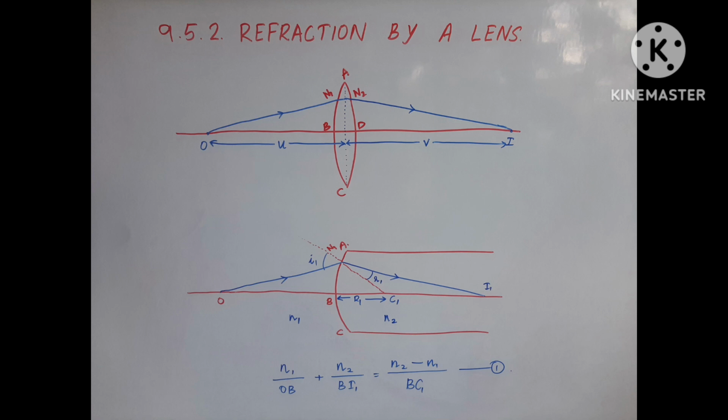So first we can think that the object is at O, and a ray of light comes from the object to the refracting surface, and it forms an image at I1.